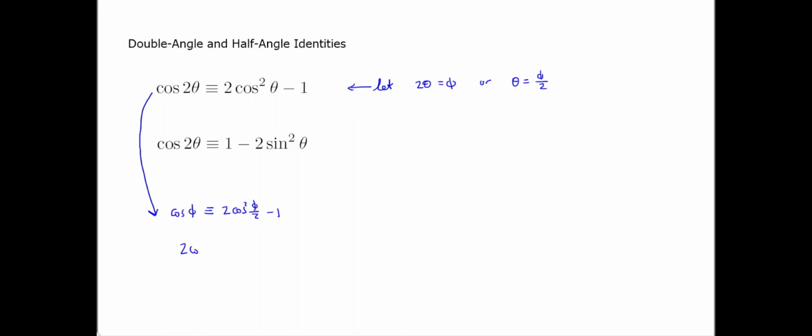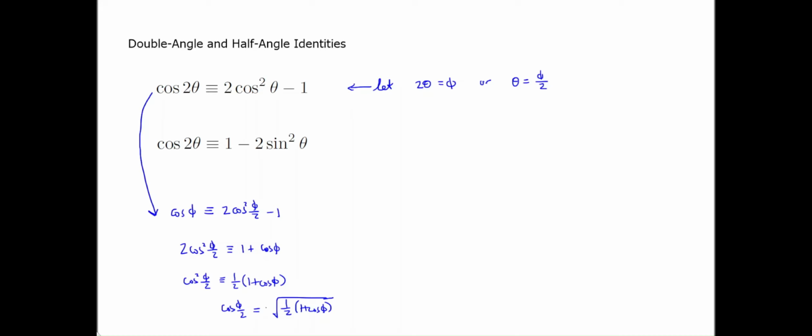Or 2 cosine squared phi over 2 identical to 1 plus cosine phi. Cosine squared phi over 2 identical to 1/2, 1 plus cosine phi. And then we can finally get this half angle by taking the square root of both sides.